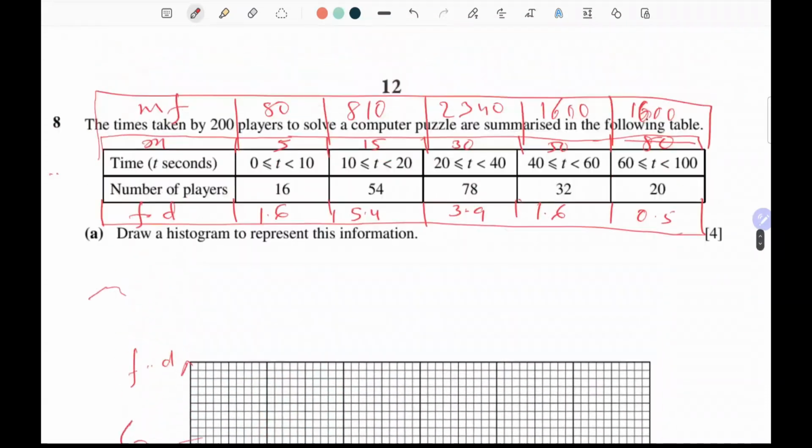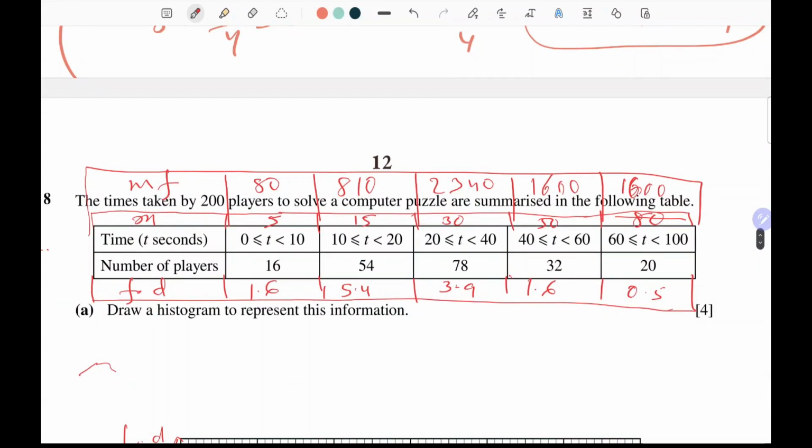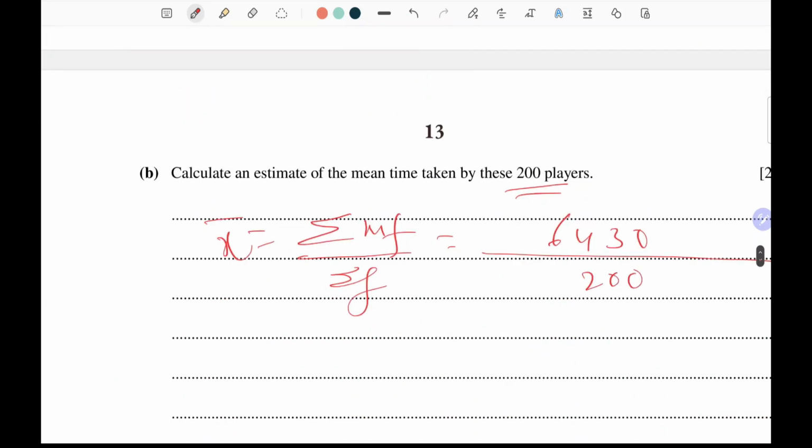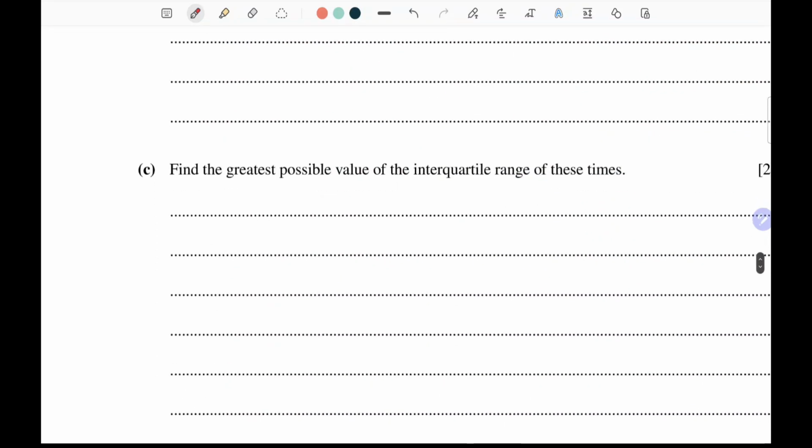By the way, if you add 16, 54 and all, you will get 200. Let's verify. 16 plus 54 plus 78 plus 32 plus 20. See, 200. Now 6430 divided by 200. I got, guys, mean equals 32.15. So this is the estimation of the mean. Okay, that's great. It's just a calculation.